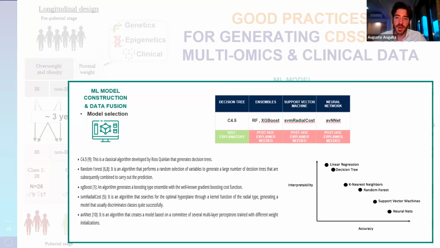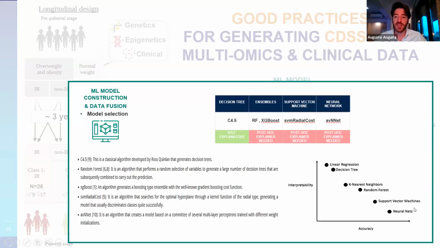The rest of them were complex models that cannot be interpreted by a human without using post-hoc explainers. But the good thing is that we can apply post-hoc explainers to these models to get extra explanations. And we can see here, as expected, the decision tree is the most interpretable one, but also the one with lower predictive performance.